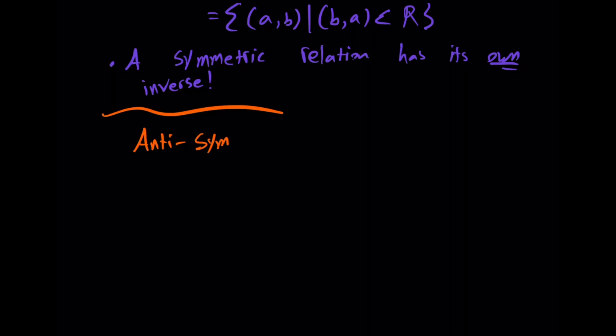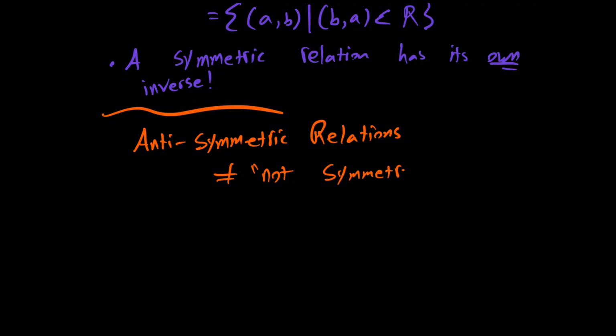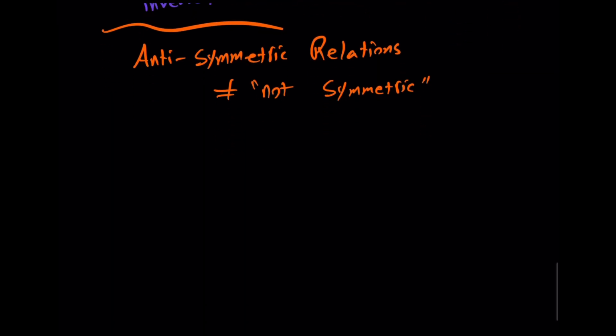Now, previously I mentioned anti-symmetric relations. What are those? Well, the thing here to note is that anti-symmetric is not the same thing as not symmetric. I wish the terminology was different here. Really, what it's saying is this.